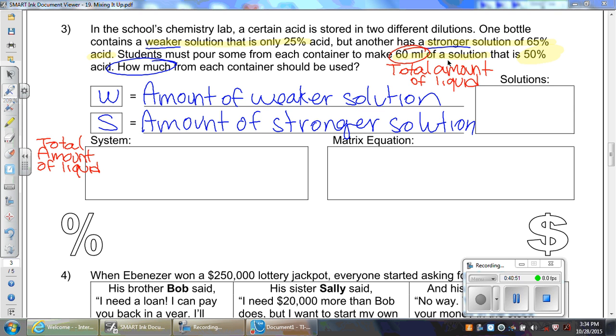So we know that the amount of the weaker solution plus the amount of the stronger solution has to equal a total of 60 milliliters.